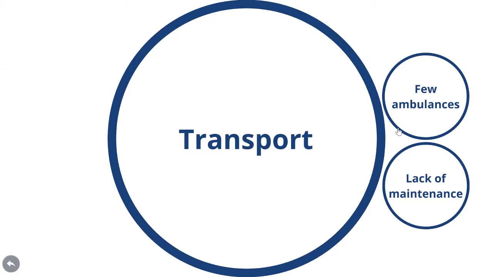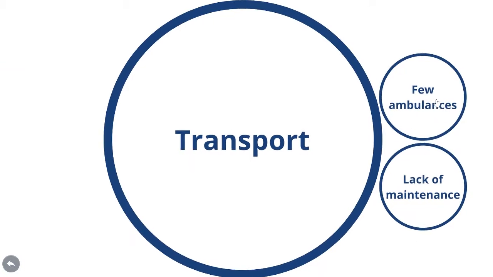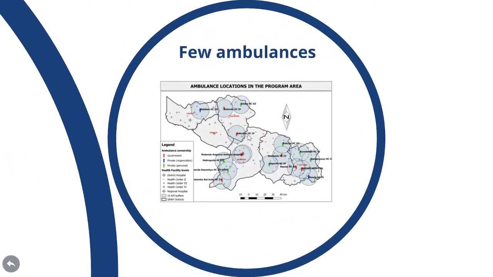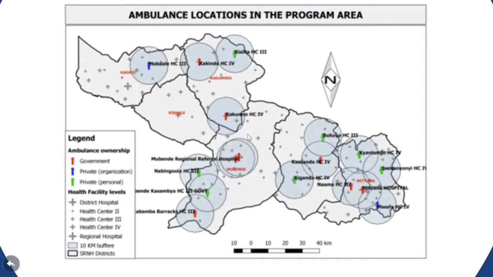Lastly, sort of access to transportation. There were few ambulances, and the issue of maintenance was a big salient one, as to what would be expected. As you can see in this map made by Maggie at Clinton Health Access Initiative, there are large gaps where, in the entire district of Kagadi, large areas of Kagadi, people have almost zero access to ambulance transportation.